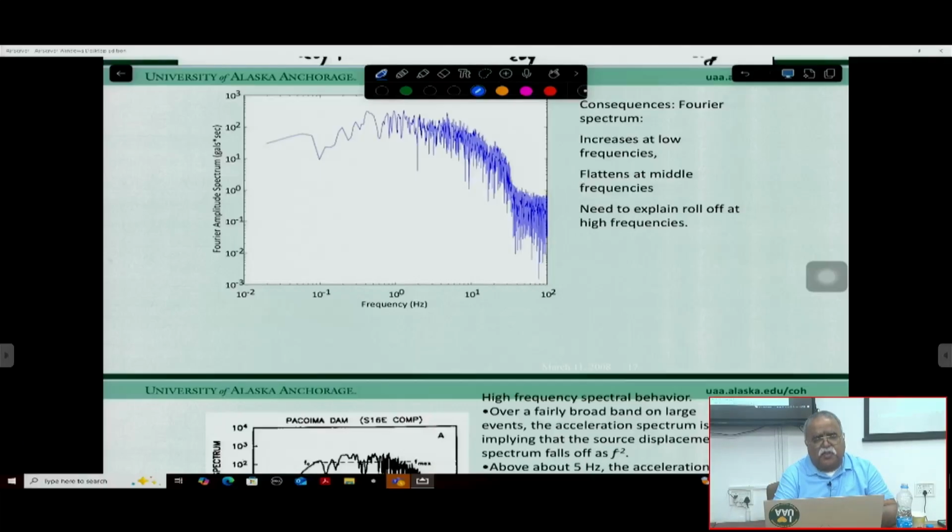Plot the displacement spectra, and from it calculate the low frequency amplitude, and from that amplitude you can calculate the M0 value, and from the M0 value you can calculate Mw by using the M0 to Mw relation. That is how, from the recorded data, you can find out the actual earthquake moment and all these things. And this can be done very routinely.